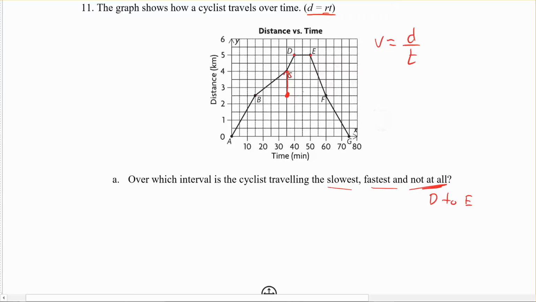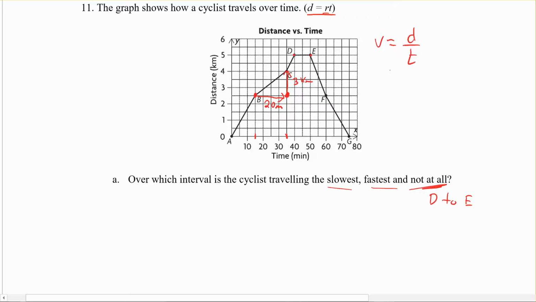And the time scale goes from 15 to 35. So 20 minutes. So 20 minutes from this point to this point. So let's even write that. So we got 3 kilometers, and this point is 20 minutes. So really, you've got a distance up, and you've got a time going that way.